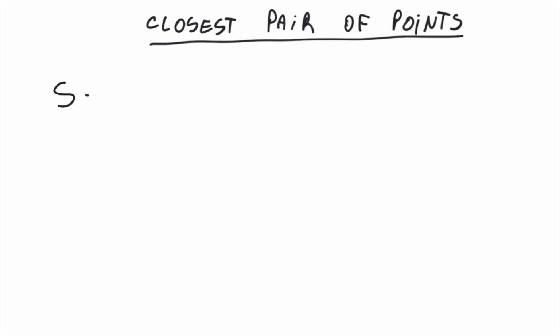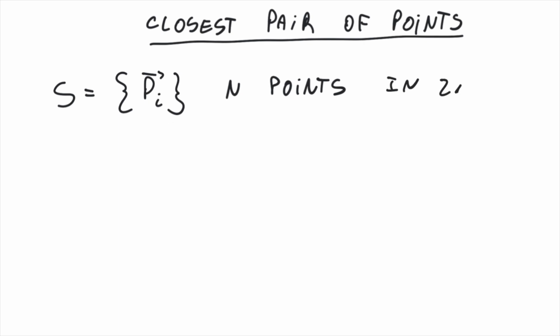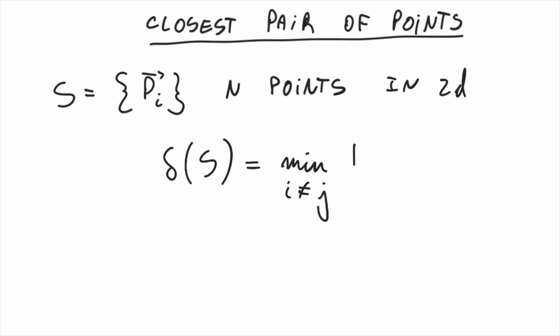We have a set S, which is a set of points pi, and these are n points, let's say, in 2 dimensions. Then we want to find the quantity delta S, defined as the minimum when i is different than j of the distance between pi and pj, so the norm of their difference.